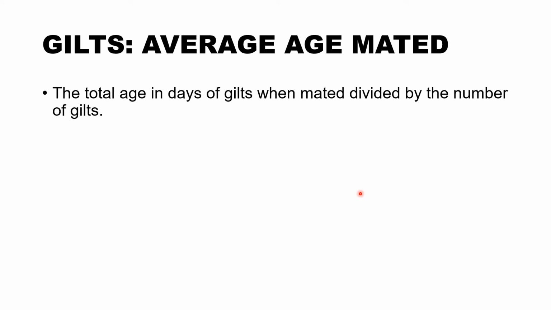Let's just say 1 year old when our gilts were mated, so that is 365 days, divided by the total number of gilts. The total number of gilts is all of them, even those not yet mated. So, that is the average age mated.